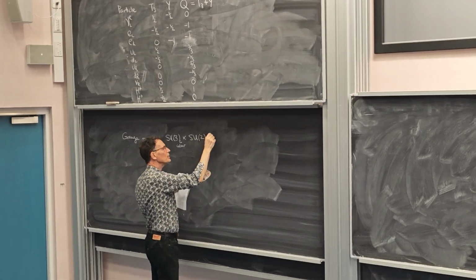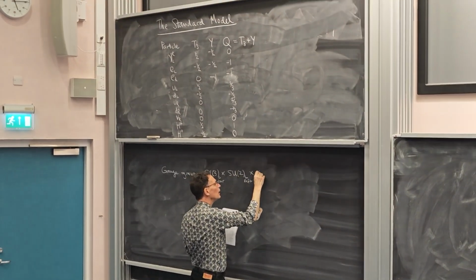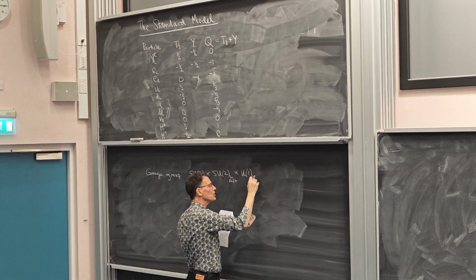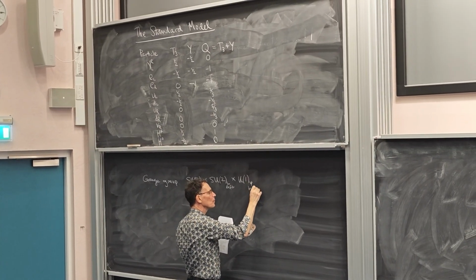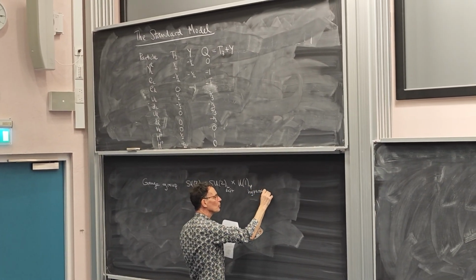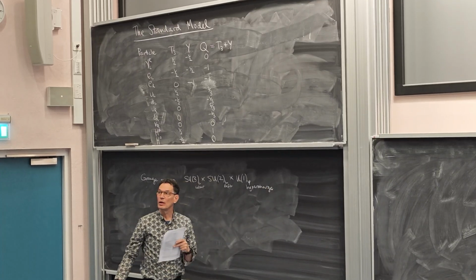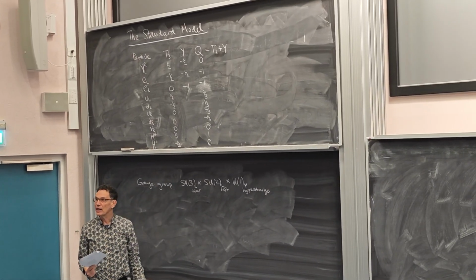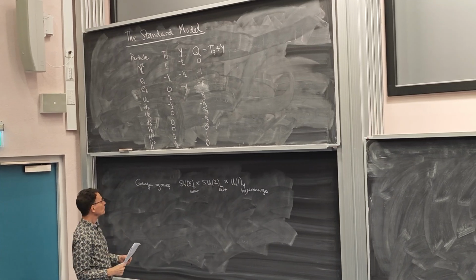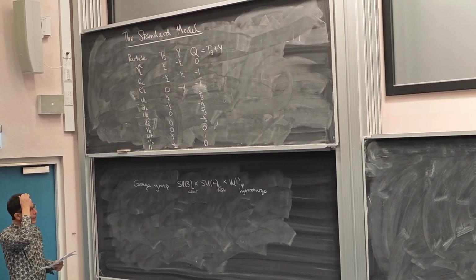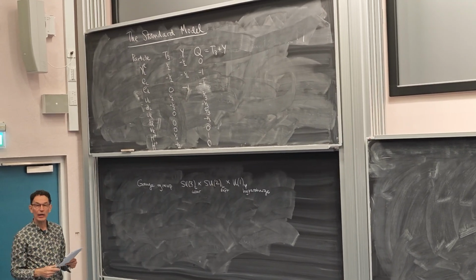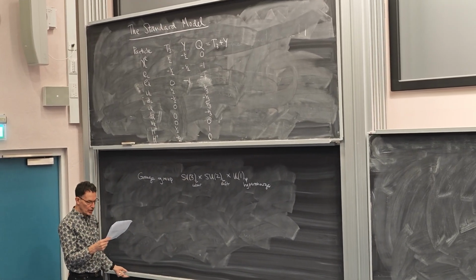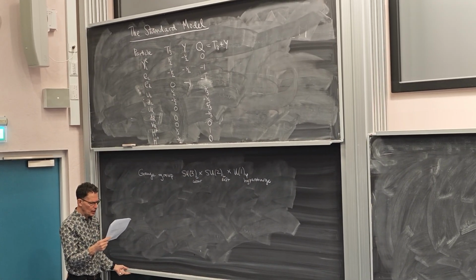You'll see why it's left in a moment, times U(1)_Y, and the Y stands for hypercharge. Okay, so the basic idea of the Standard Model is that this is the gauge group, and that all of physics should be invariant under local transformations in this group.